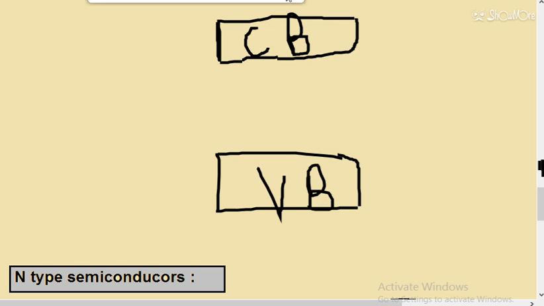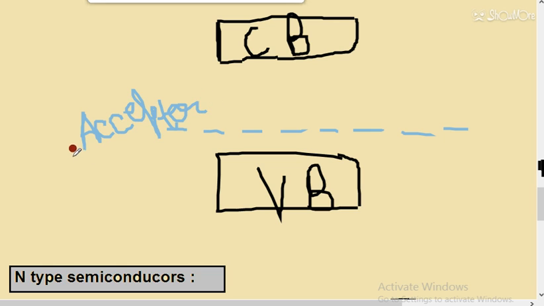Now when we dope it with some impurity like trivalent, one level is obtained in the gap, and this is called the acceptor level. Acceptor का मीनिंग होता है, that is obtained due to the trivalent impurity, so it is called the acceptor energy level.